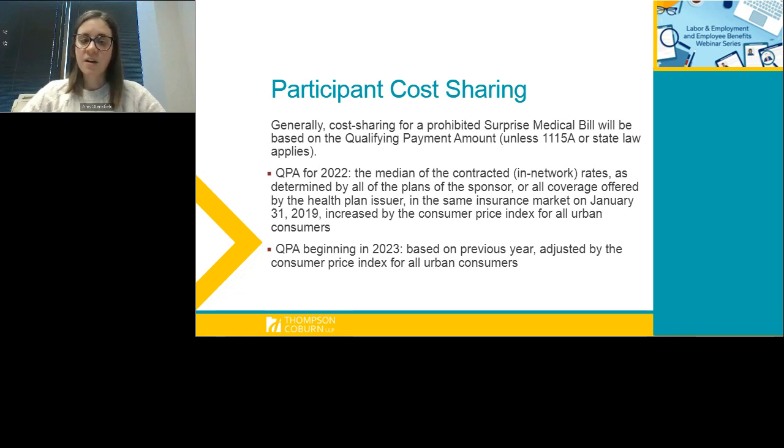For 2023 and on, the qualifying payment amount is based on the previous year, adjusted by the Consumer Price Index for all urban consumers. So again, that's the calculation we're looking at for determining the participant's cost share when they receive one of these surprise medical bills.